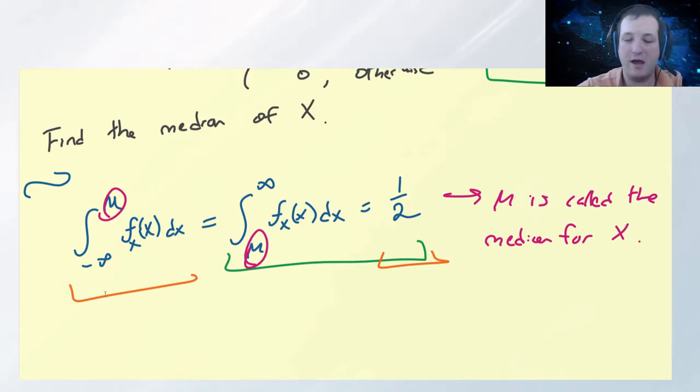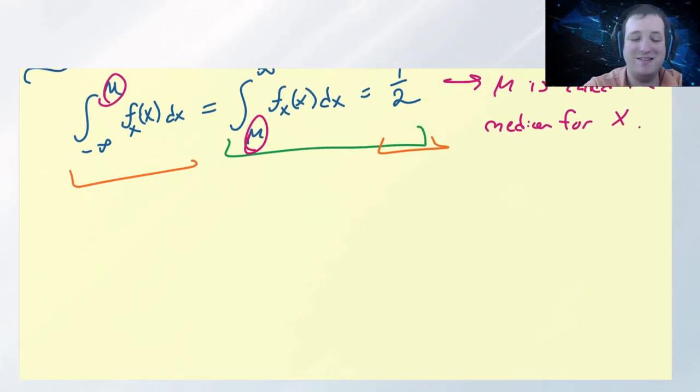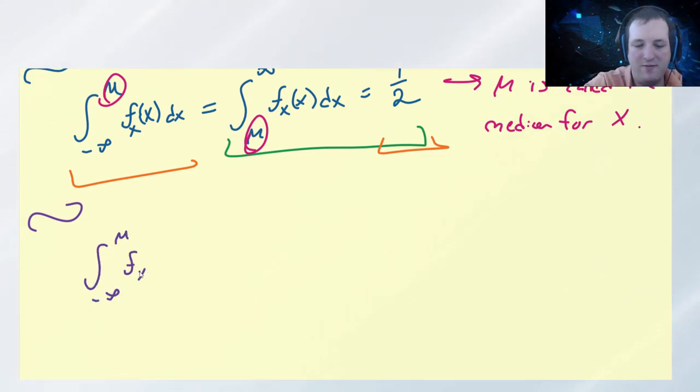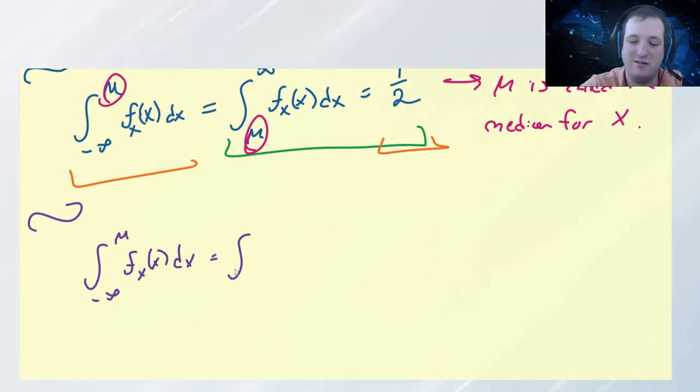So let us look at that particular function that we had, and let us see if we can find the actual analytical value. We're not going to be using any approximations, at least for the start. Let's solve from the left-hand side. So let us solve the equation from minus infinity to m of the density function. Remember from minus infinity to 1 it's 0, so that's going to be equal to the integral from 1 to m.